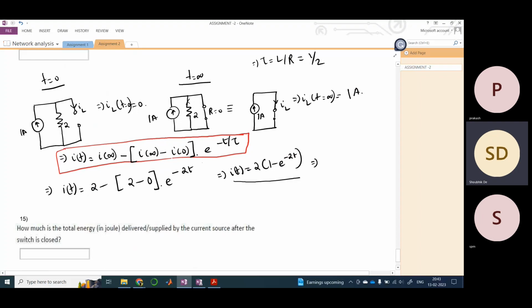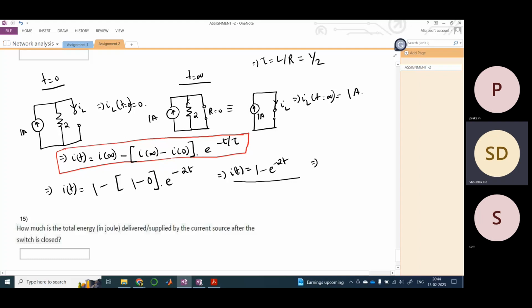By mistake I wrote this 2 ohm resistance here, because the current source is 1 ampere, right? So therefore I L at t equals infinity is 1 ampere, and therefore this thing will also be 1. I'm really sorry. This thing would also be 1, and therefore there is no need of bracket and all. I will rewrite this. So this would be nothing but e to the power minus 2t.